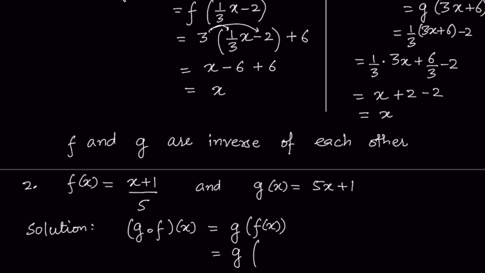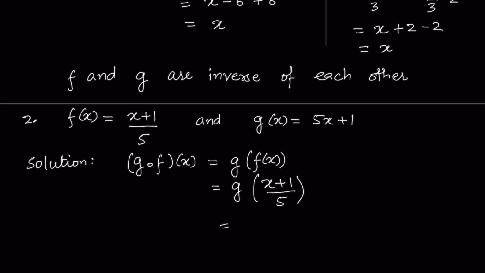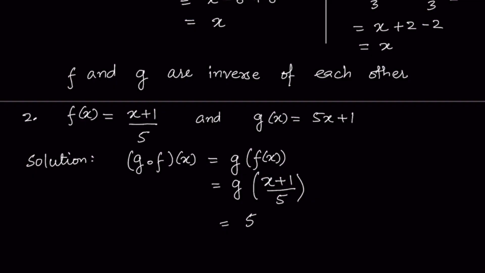So f(x) is x plus 1 divided by 5. Replace x plus 1 divided by 5 in place of x in your function g. So 5 and 5 will cancel out.